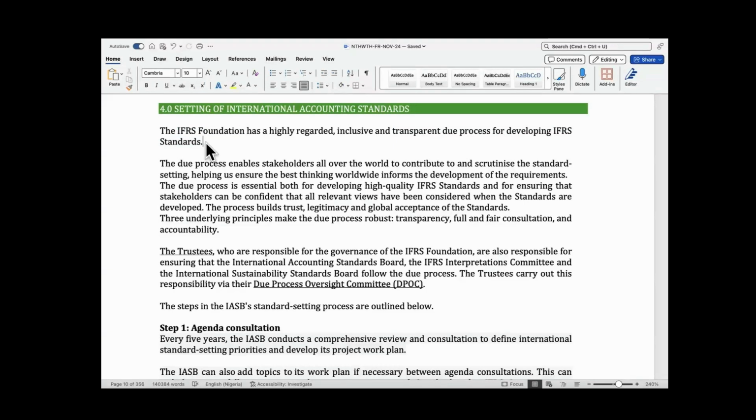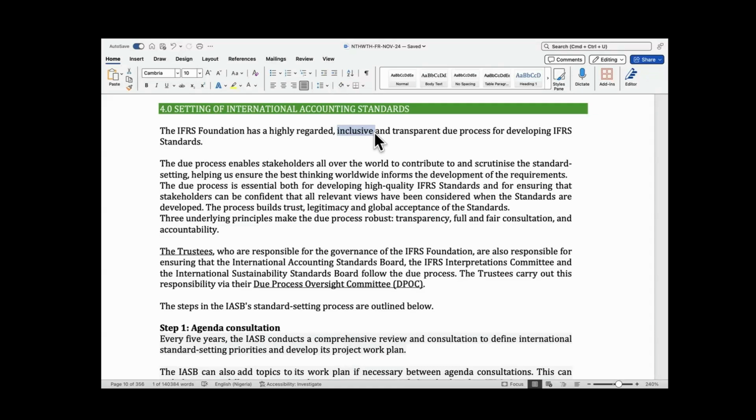that they pull in some genius who sits in a corner and writes everything. No. It's an inclusive process, so they involve everybody. The due process they follow ensures that the best brains, the best thinking in the world contribute.